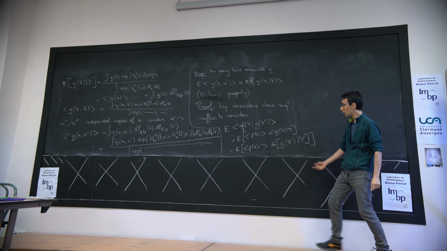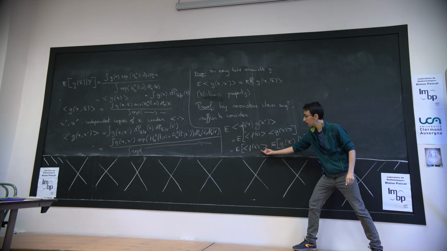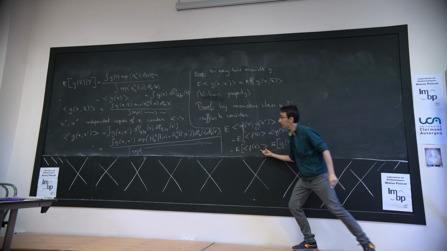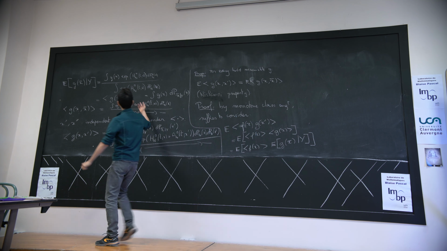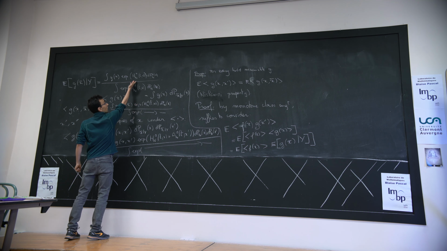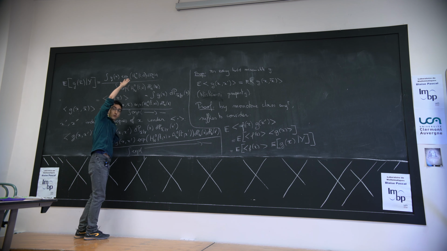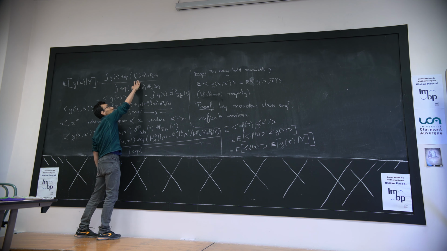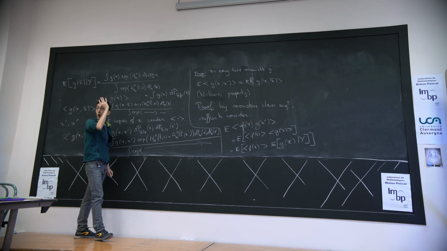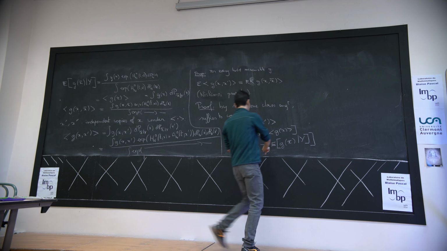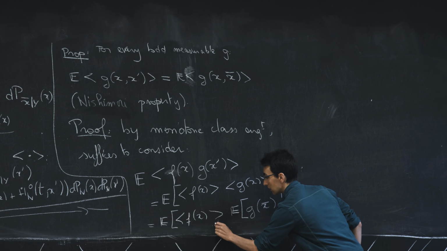And now the key point to observe is that our bracket average, as written here, depends on W and X bar, but in fact, it's really only a function of Y, of the observation. So this is Y measurable.